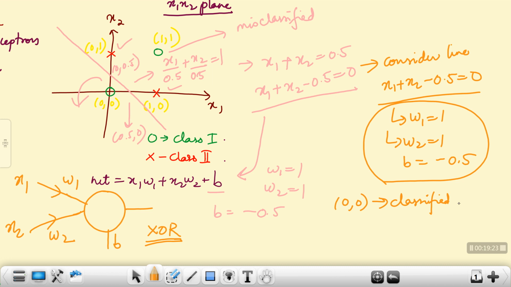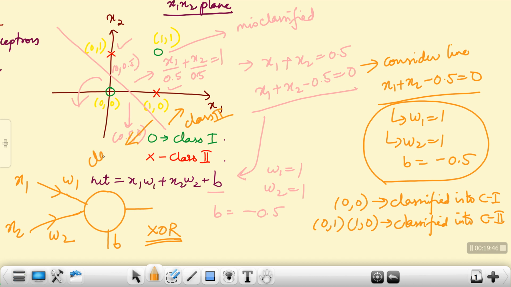into class 1, then we have 0, 1 and 1, 0 classified into class 2. So I say that whatever lies this side will be class 2, and whatever lies this side will be class 1.